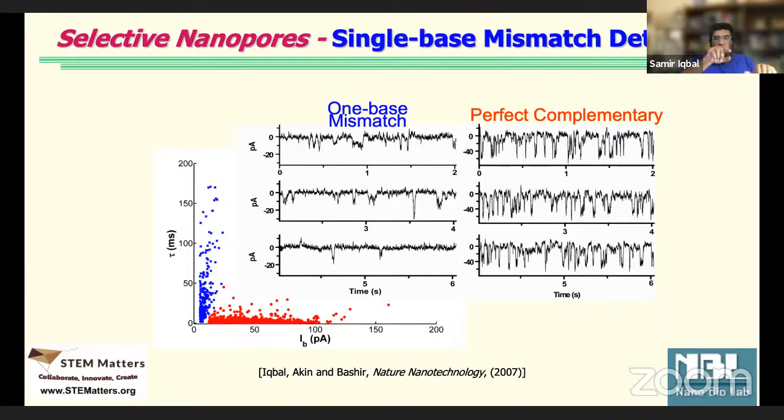When one molecule flows, we are measuring ionic current, and we see a dip in that current trace. That tells us a molecule has passed. Many different studies have been done on that. This is a study which we did many years ago, where we coated a nanopore with specific molecules. If the molecule was a matched molecule, we could differentiate that from a molecule which was a mismatch, meaning there was a mutation in it.